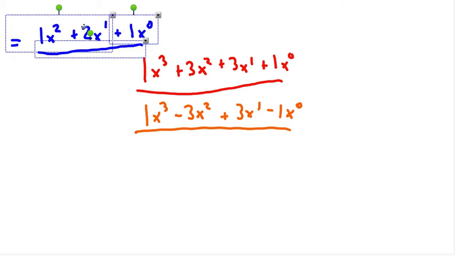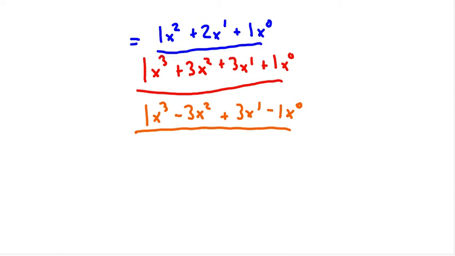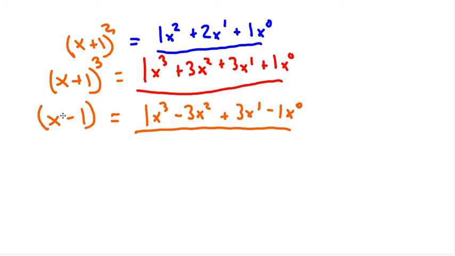Okay, so if I take and move this all over here, we know that this came from x plus 1 squared. This came from x plus 1 cubed. And this came from x minus 1 cubed.